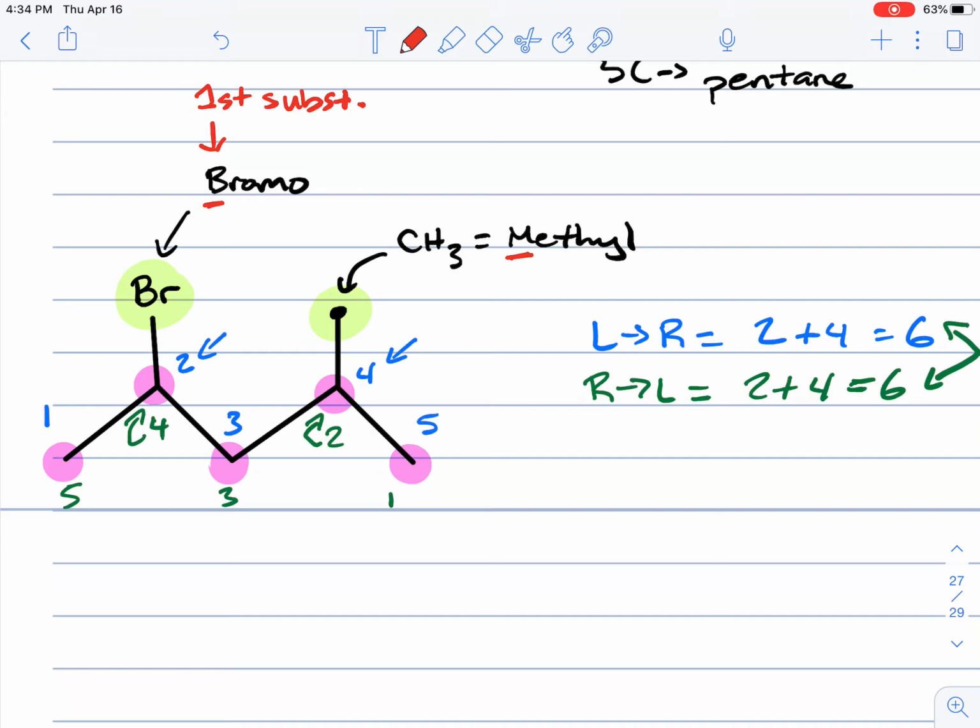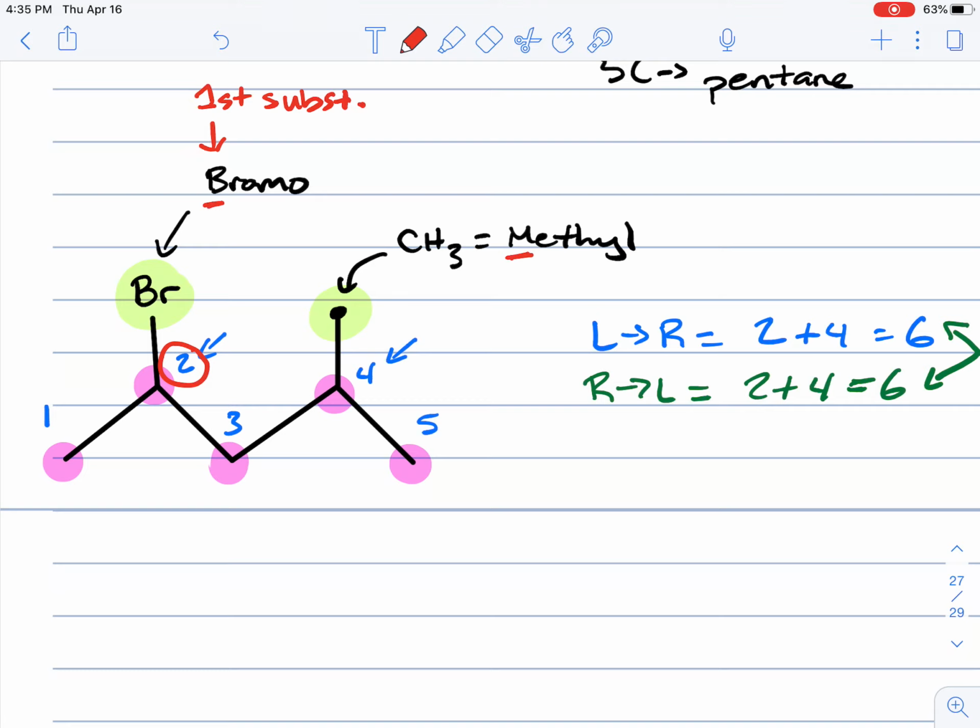We want to make sure that this first substituent has the least value. If you look at the two values, we have 2 and we have 4, describing that specific carbon. 2 is less than 4, so it makes sense for us to choose 2 as the number to describe the position of where that bromo is attached on the parent chain, and not 4.